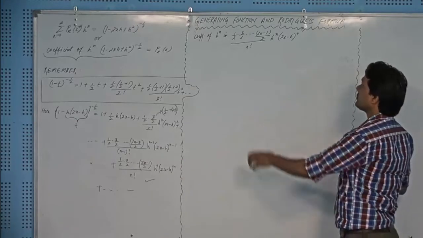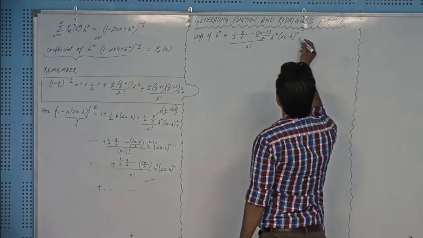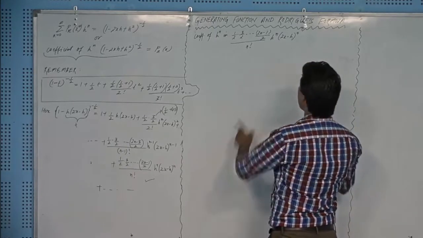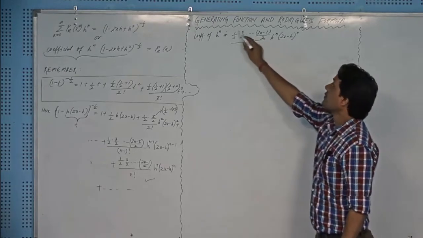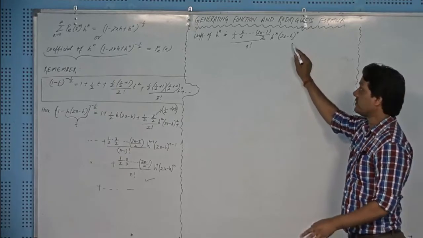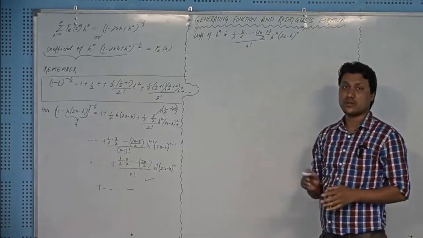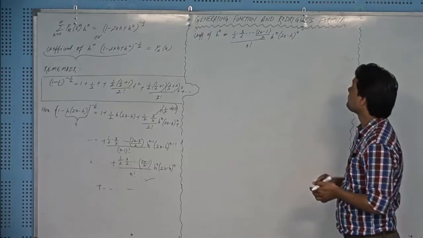I'm going to find the coefficient of h to the power n in this term, right? And it will be given by, I have to expand this. Actually, this term is containing, this is the coefficient, but again you have to expand it by using binomial expansion. So finding the coefficient of h to the power n is not easy as it looks. So you have to expand it first, right? Okay.